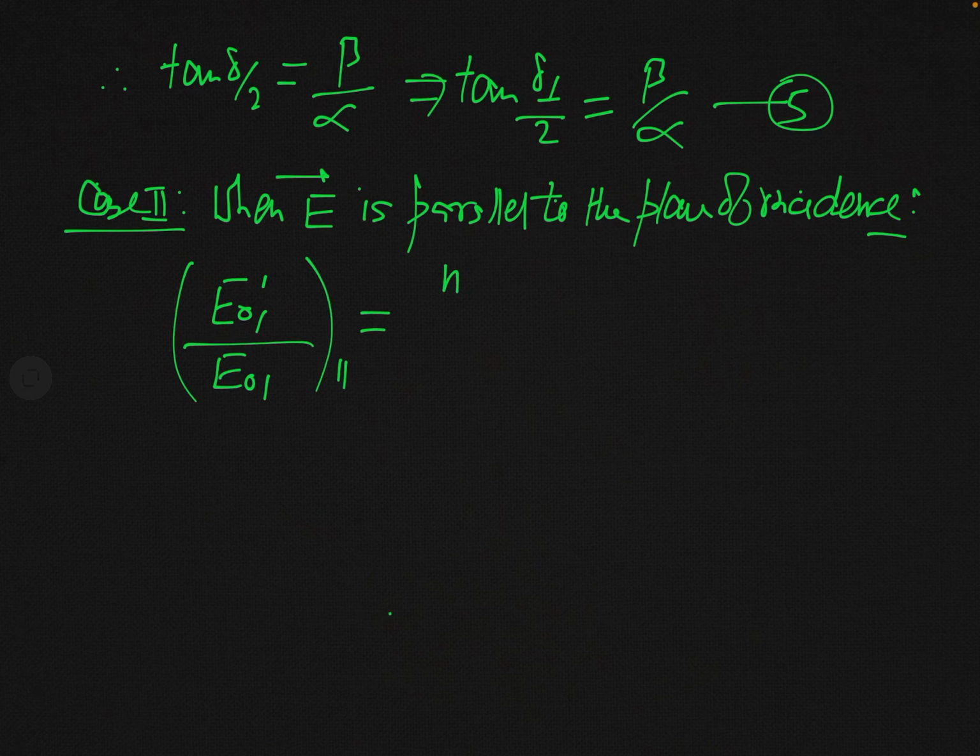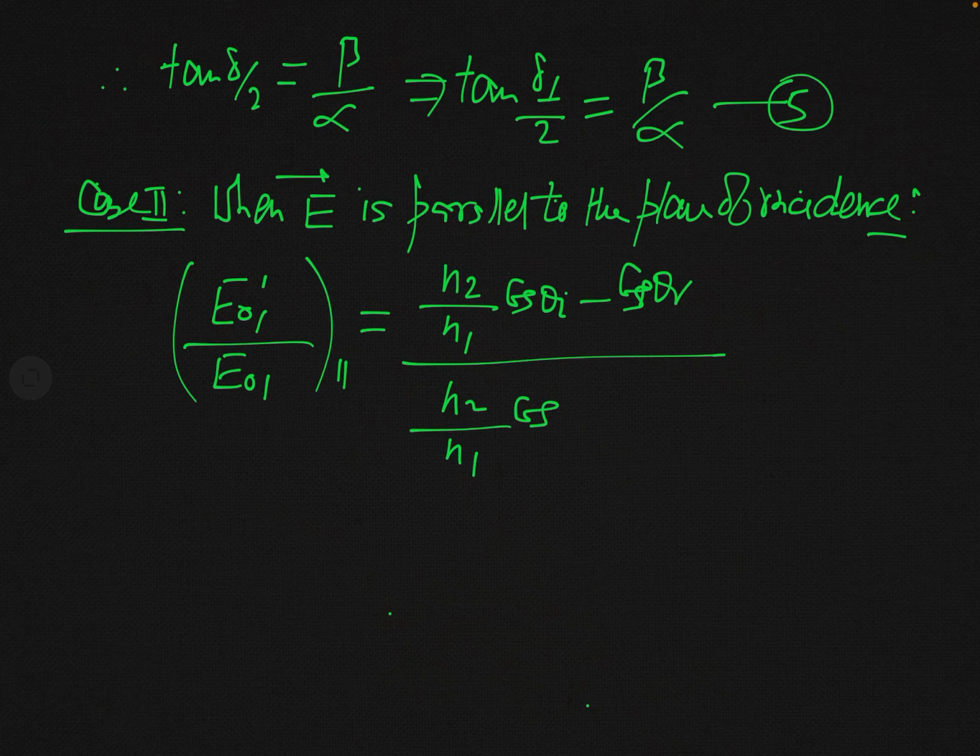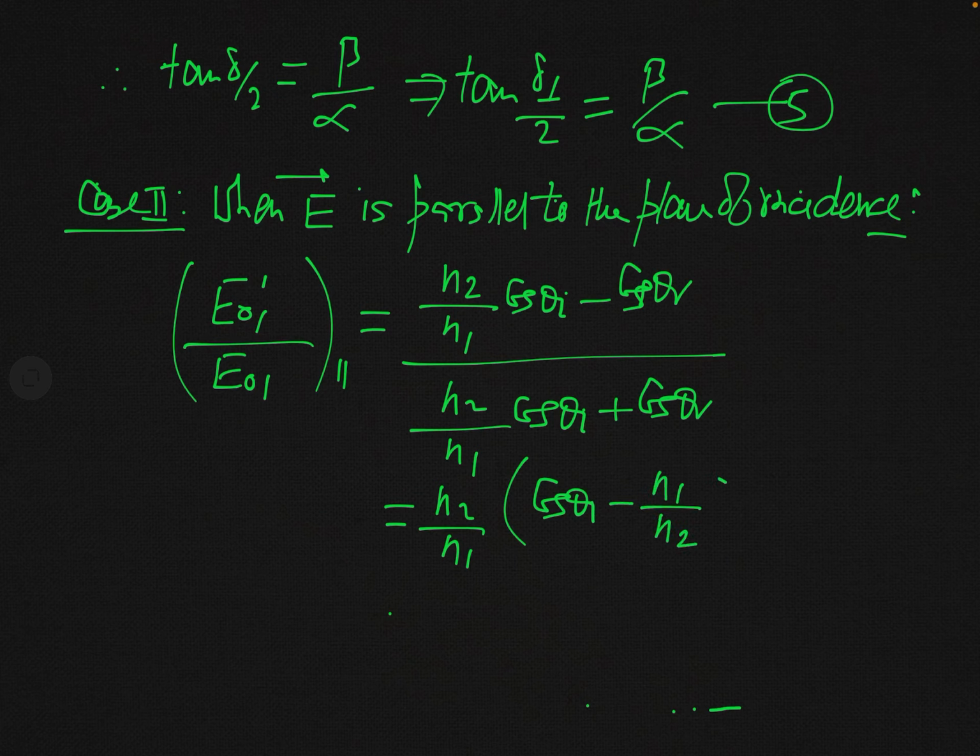We have mentioned in the result defined just now that in this case E naught 1 prime over E naught 1 parallel is equal to N2 by N1 cos theta I minus cos theta R over N2 by N1 cos theta I plus cos theta R. And if we take this N2 by N1 as a common factor, what will be our result?